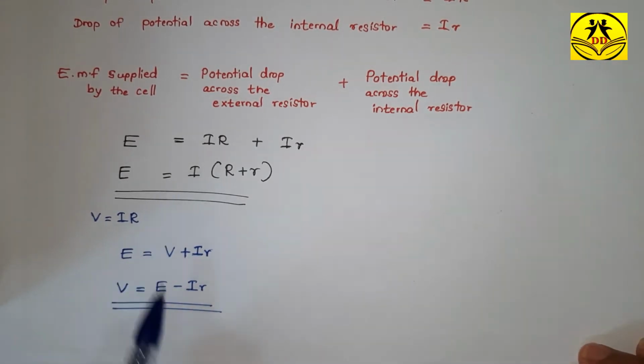Now that you have learned about simple circuits, let's see how to solve complex circuits. That means circuits which have more than one cell, more than one resistor, and other devices connected to them, such as voltmeters, ammeters, and capacitors.